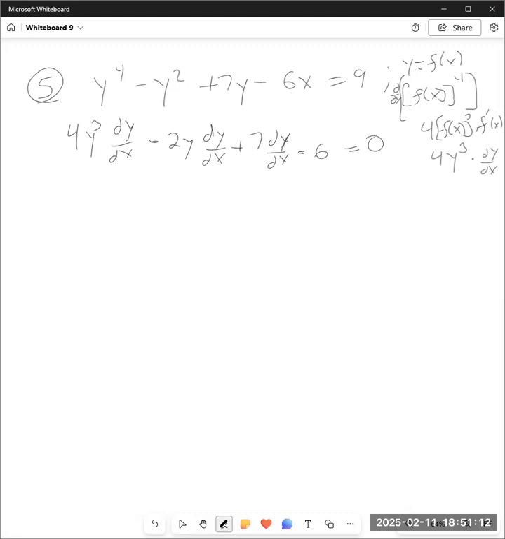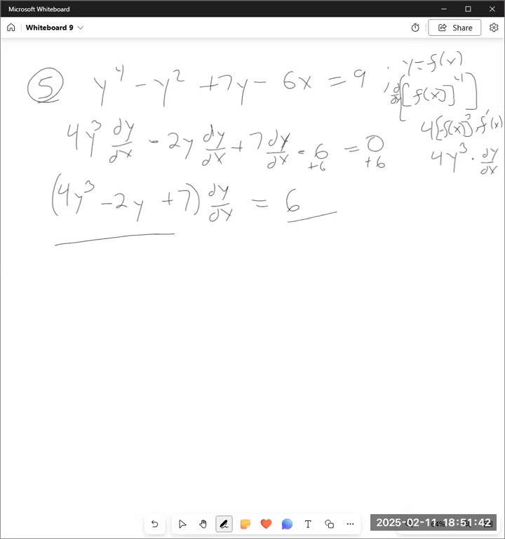So I'm going to go ahead and separate the dy dx terms from the non-dy dx terms by adding 6 to both sides. 4y cubed minus 2y plus 7, common factor dy dx, is equal to 6.